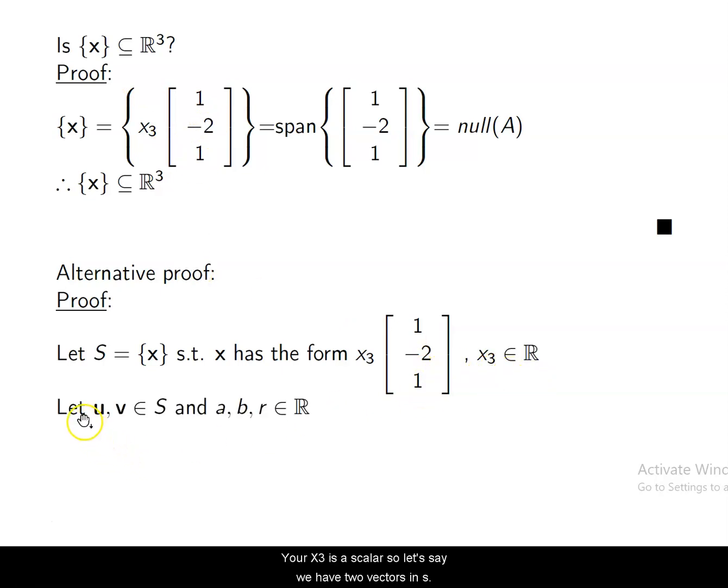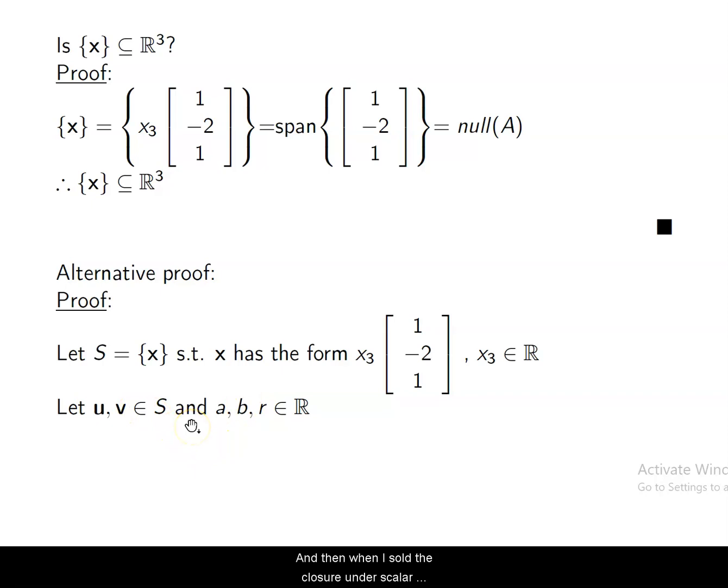So let's say we have 2 vectors in S and 3 constants, a, b, and r. I have 3 constants because that's how many I'm going to need. I need 2 vectors because I'm going to add them together, and each of these vectors needs to be multiplied by its own scalar.